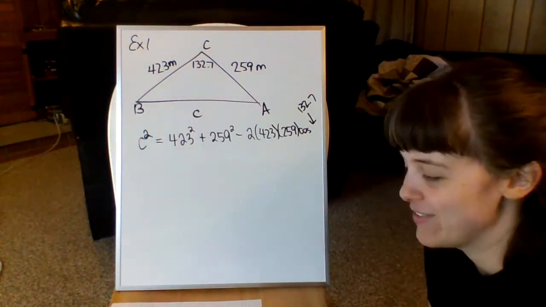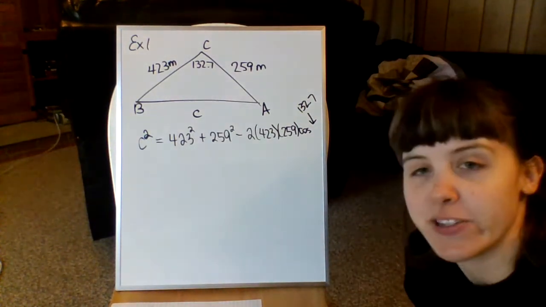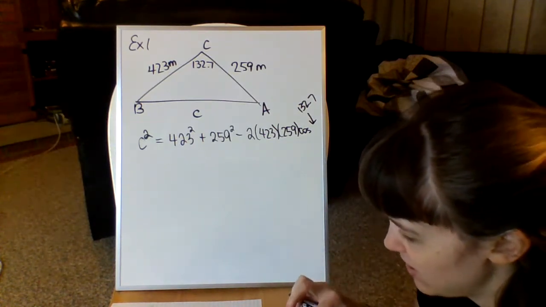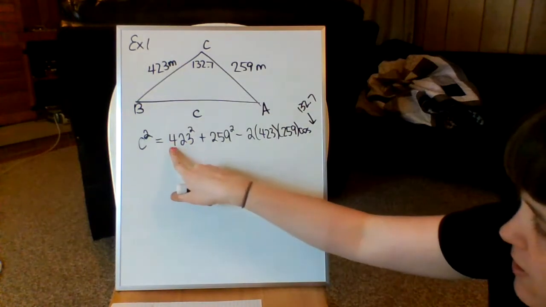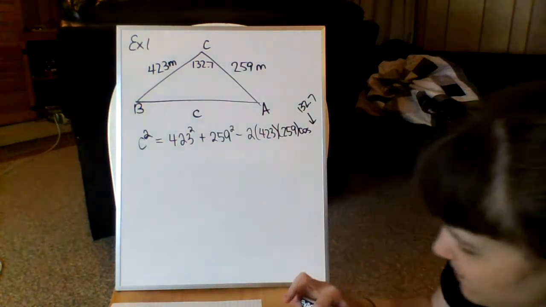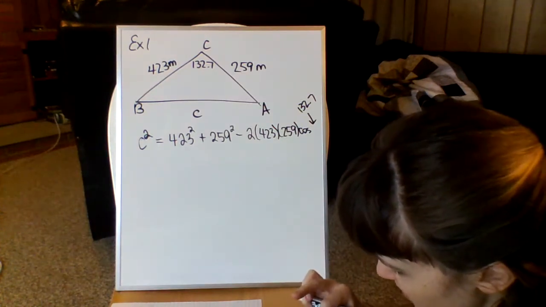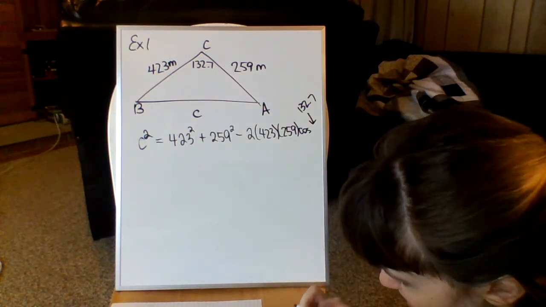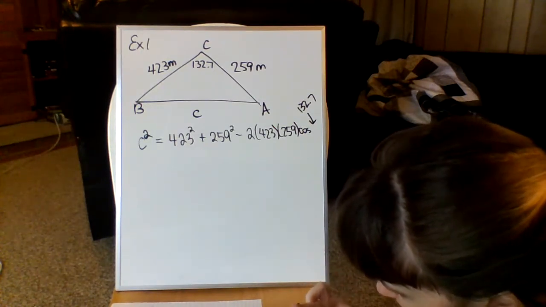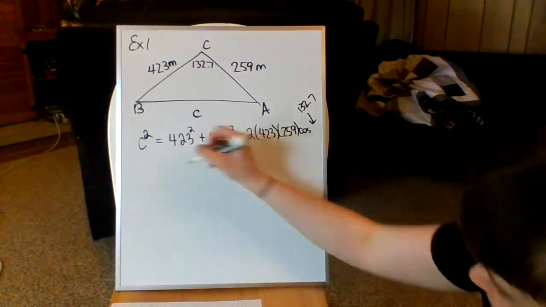I know that's not really the greatest, but that's how you would set it up. Okay, so we're going to start with doing this part. 423 squared plus 259 squared. So 423 squared plus 259 squared equals this number.